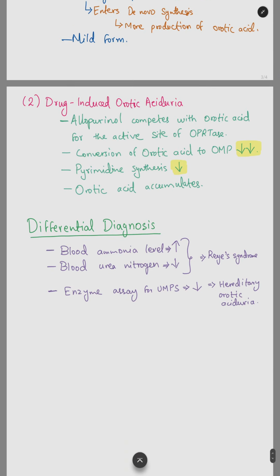So to identify the cause of our orotic aciduria, we use differential diagnosis. First one is blood ammonia level and blood urea nitrogen level. If blood ammonia level is increased and blood urea nitrogen level is decreased, then that implies it is Reye's syndrome. If the enzyme assay for UMPS, that is uridine monophosphate synthase enzyme, is decreased, that implies it is hereditary orotic aciduria. So that's about differential diagnosis.